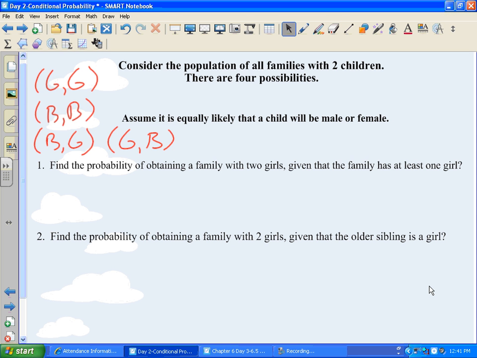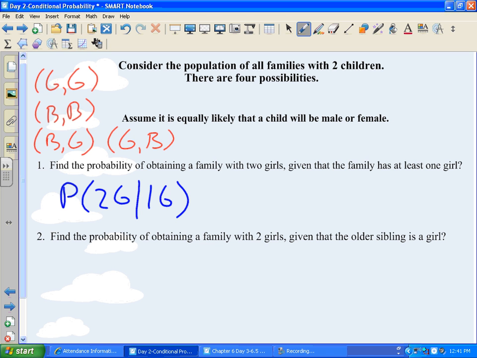And if I've been given different conditions, I'm not going to have the same probability, but I might. So let's find the probability of obtaining a family of 2 girls given that the family has 1 girl. So I'm going to write that as probability of 2 girls given 1 girl. How many groups agreed that the first question was asking that? Okay.